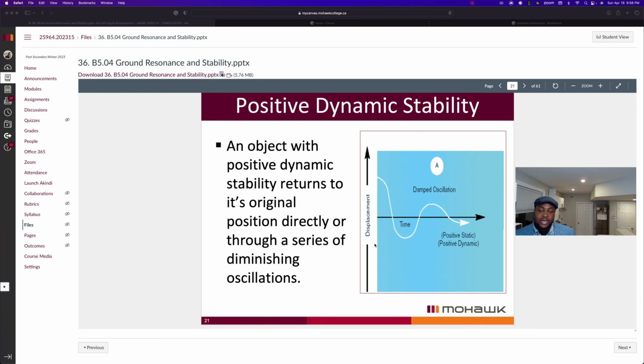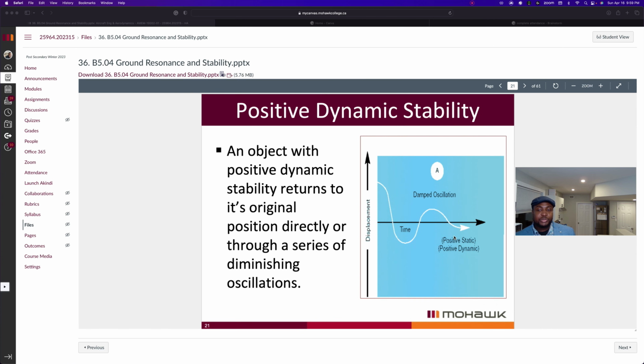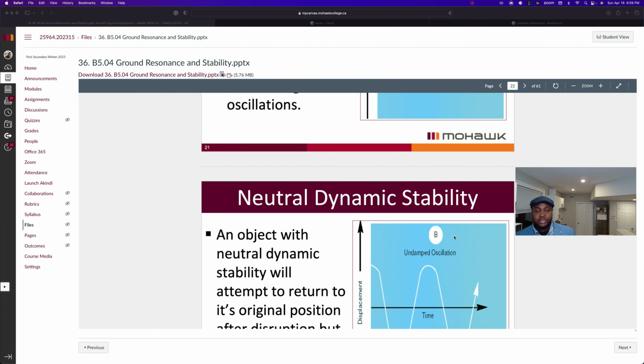So these are the oscillations, and if the oscillations reduce in amplitude over time until it comes back to its original neutral position, we call this positive dynamic stability.